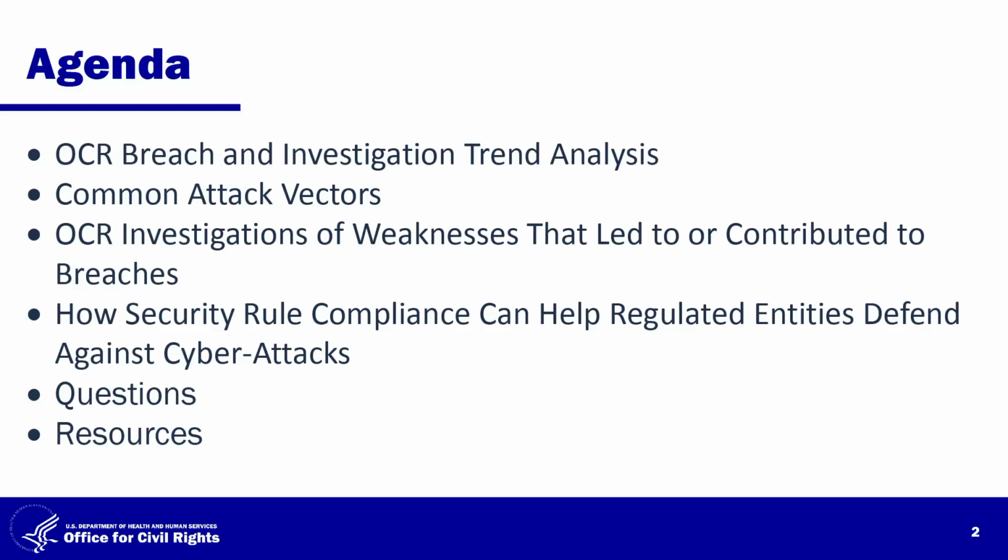Next, we will review common HIPAA compliance issues that have caused or contributed to breaches of PHI, with a focus on common attack vectors as seen by OCR in its investigations. Then, we will review HIPAA Security Rule provisions that, if implemented, can help prevent, detect, mitigate, and recover from security incidents and breaches. Next, we will answer selected questions.